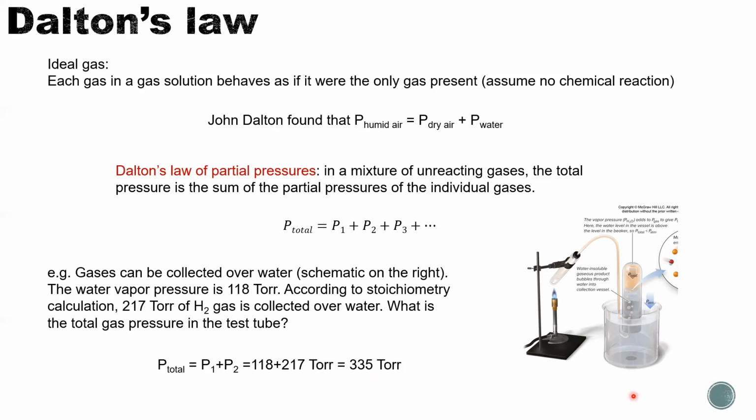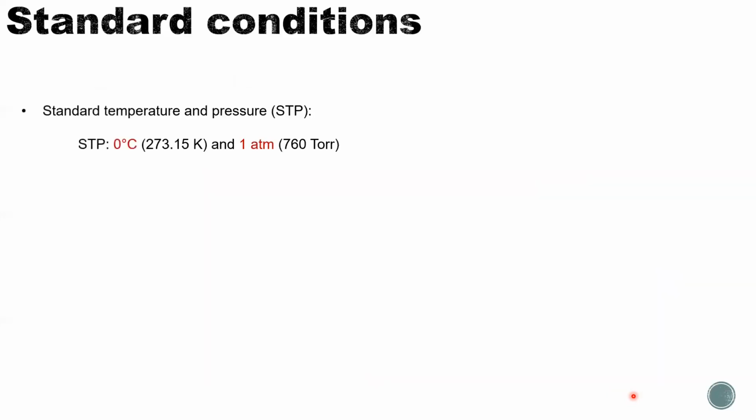When we talk about gas, we talk about ideal gas pressures. We need to talk about standard conditions. Okay, so standard conditions means whatever gas or whatever thing is at 0 degrees Celsius, that equals 273 Kelvin, and also under 1 atm, 1 atmospheric pressure, 760 torr.